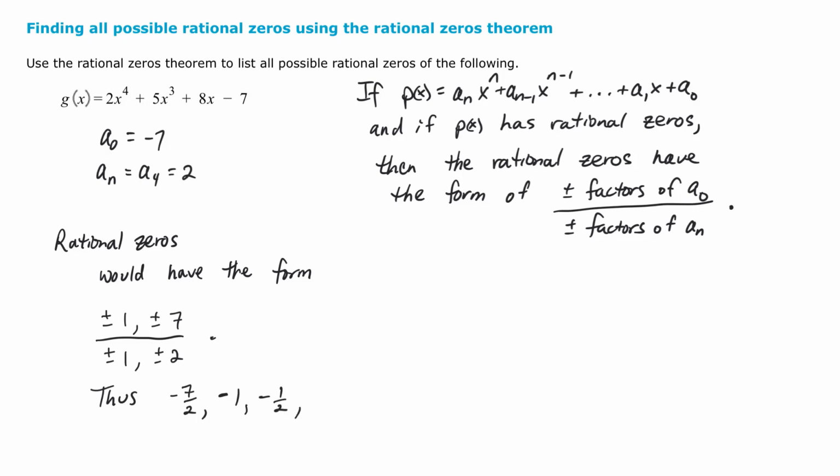What else can we have? We could have positive 1 half. Then positive 1. And then we could have 7 halves. And we could definitely have 7. I forgot another one. The other one would be negative 7. Those are the possible rational zeros.